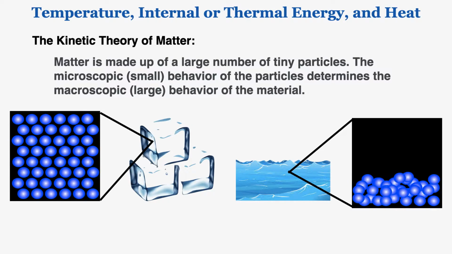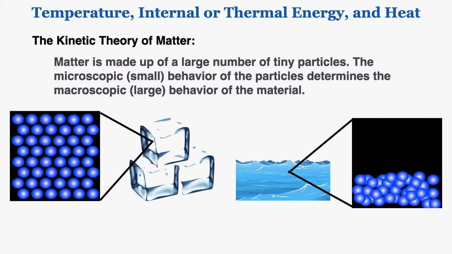In the ice, the particles that make it up are all kind of stuck together and shaking, but just a tiny little bit. They have just a little bit of motion as they move back and forth around each other. The overall structure doesn't really change its shape. And in the water, I can see that the particles are much more free to move around in random directions, but still stay kind of close together, but they're moving a lot more as well.